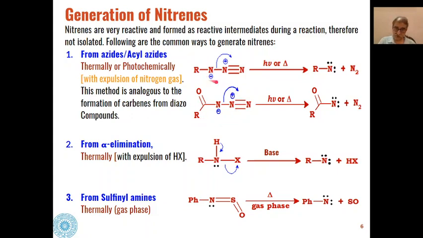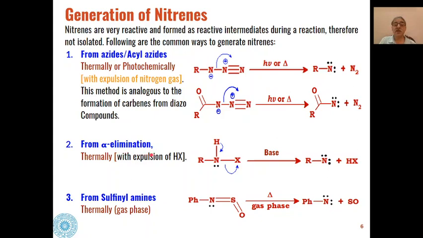Similarly, this will give us alkyl nitrenes, whereas this will give us acyl nitrenes as the product. This method is similar to the method which we have seen in the formation of carbenes from diazo compounds. There we were using diazo compounds, here we are using azides, and this is the most common method for the synthesis of nitrenes.